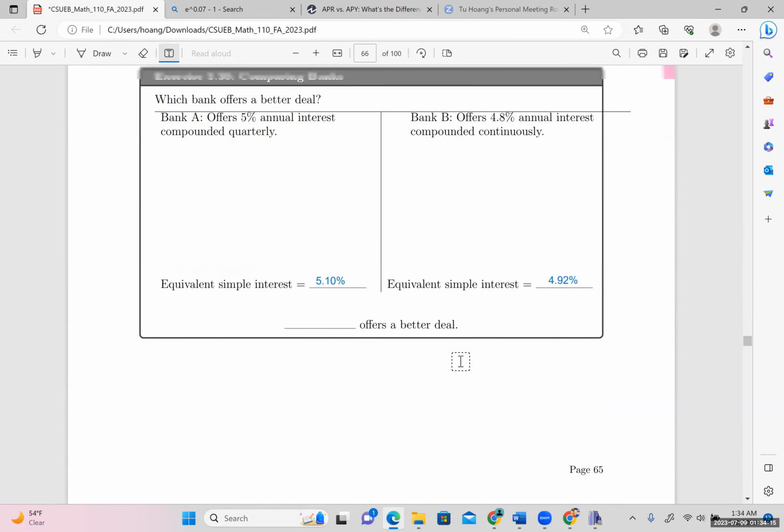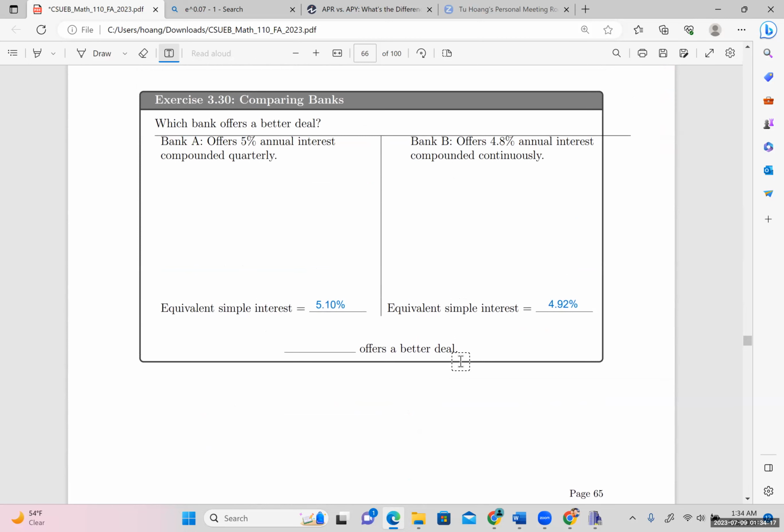Okay, so I'm going to stop this section here. What you learned in this section is what APY is. APY, again, is the yield equivalent rate that converts any compound interest rate to just a simple interest rate in 1 year.